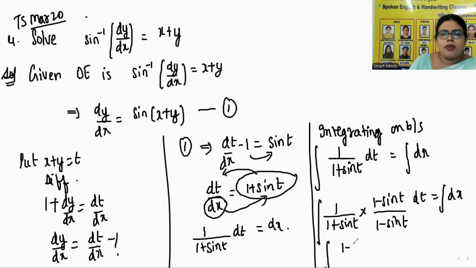Now this is 1 minus sine t by denominator a plus b into a minus b, it will become a square minus b square. So this is 1 minus sine square t dt is equal to integral dx.